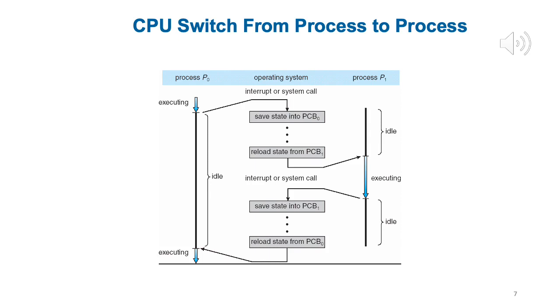Here the assumption is we have only a single CPU, because if we had two CPUs, then processes P0 and P1 could run at the same time. But here we have only one CPU, so how many processes can run at a particular point of time? One and only one. So initially process P0 is executing.